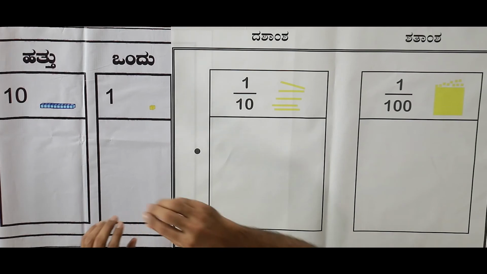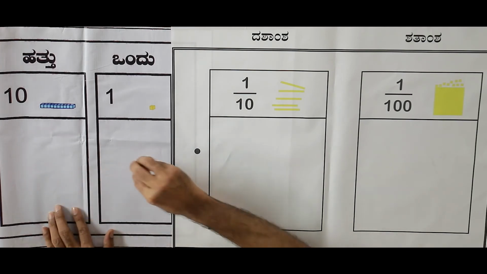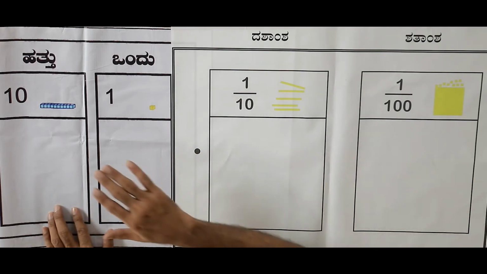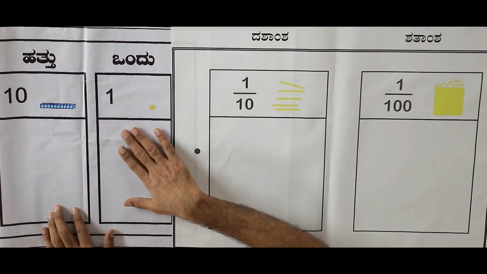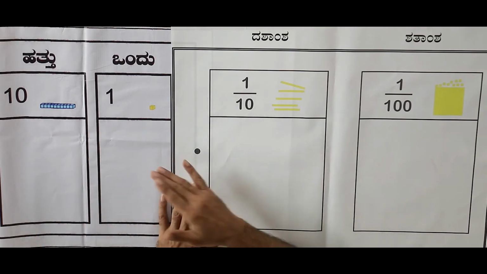This is how we give them different numbers and see if they have understood the decimal system. We can check like this. It might be easier to show it on a place value mat because place value is already written on it. All we have to do is keep things according to the place value.